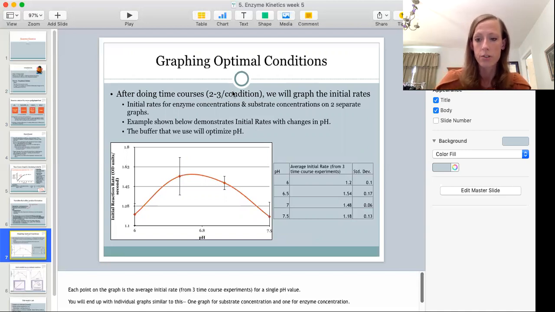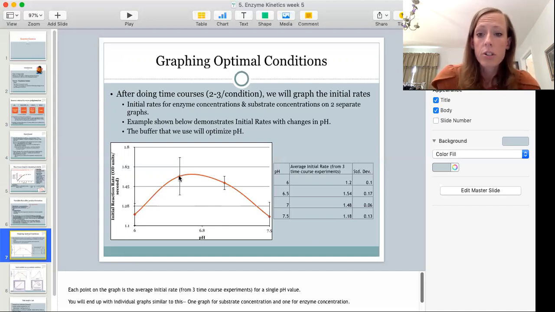For each substrate concentration, you're going to do that 2 to 3 times. And you're going to average your initial rates and graph those. So each of the data points here is the average initial rate. So here is the average initial rate for a pH of what appears to be about 6.5 for this one. This one would be the average initial rate for a pH of 7, okay, just for example.